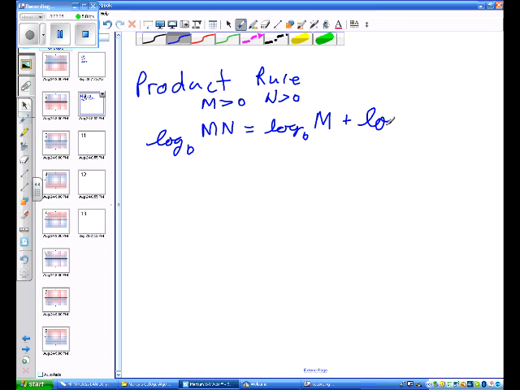Now this should make sense because if you remember, a logarithm equals the exponent. And when you multiply like bases, you add your exponents. So the log of a product is equal to the sum of the logs.